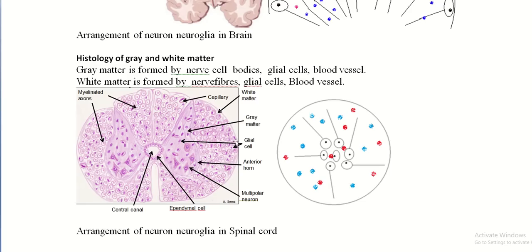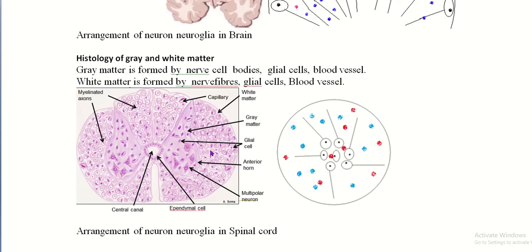So this is the histological cross-section image of the spinal cord, with inner H-shaped gray matter and outer white matter. You see, this is the neuron, this is neuroglia, and blood vessel.